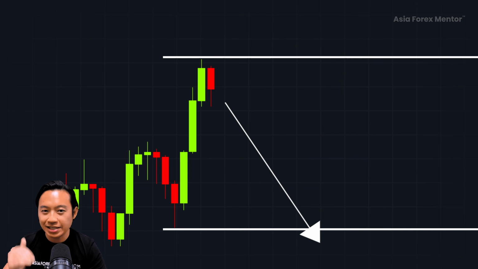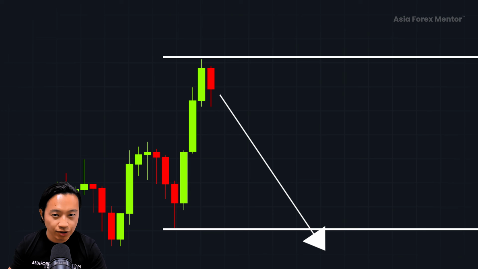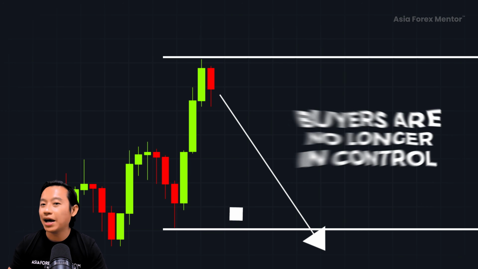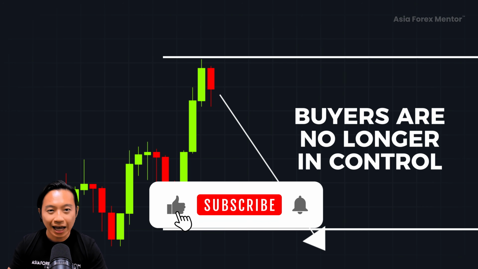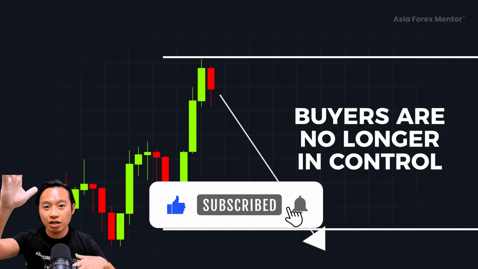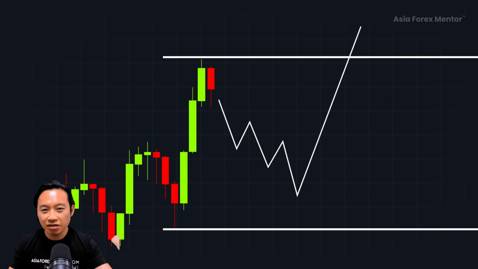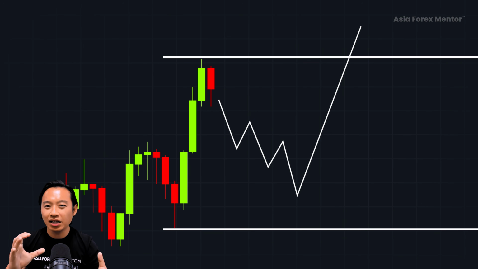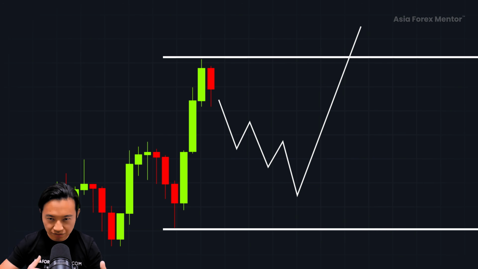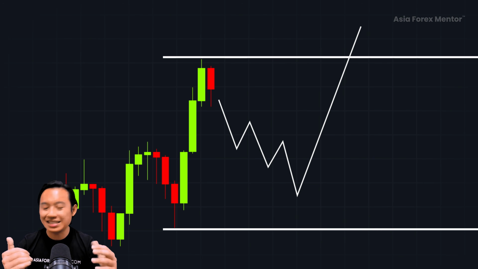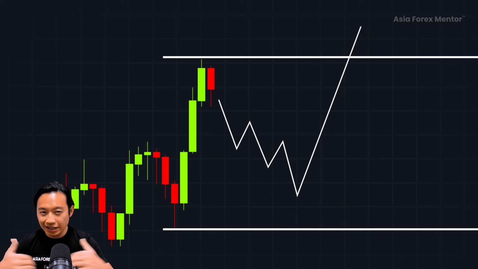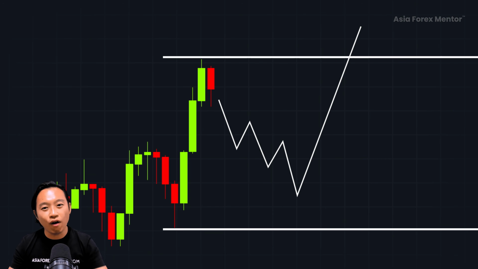If price breaks below this level, it shows that the buyers are no longer in control, and the entire concept of an uptrend would now be questionable. This would indicate significant bearish momentum, and it means a potential reversal downwards, unless it's a fake out where the market aims to gather liquidity below this low before taking off again.